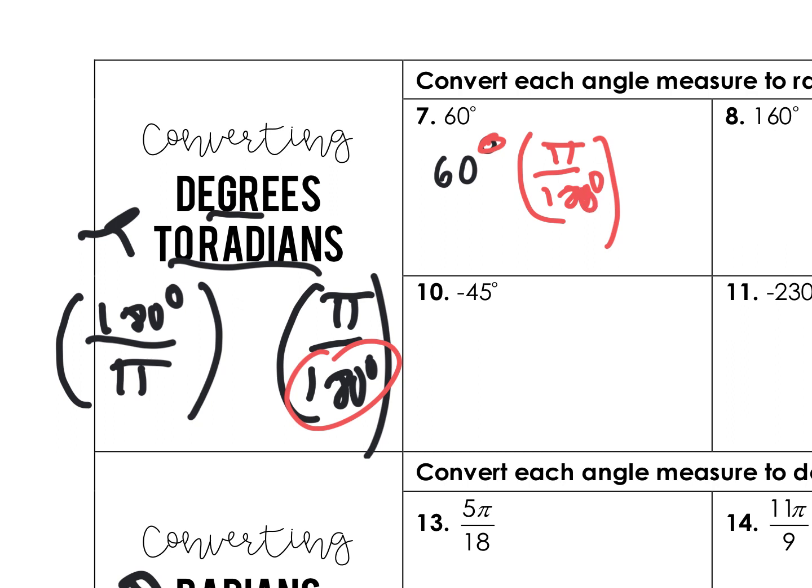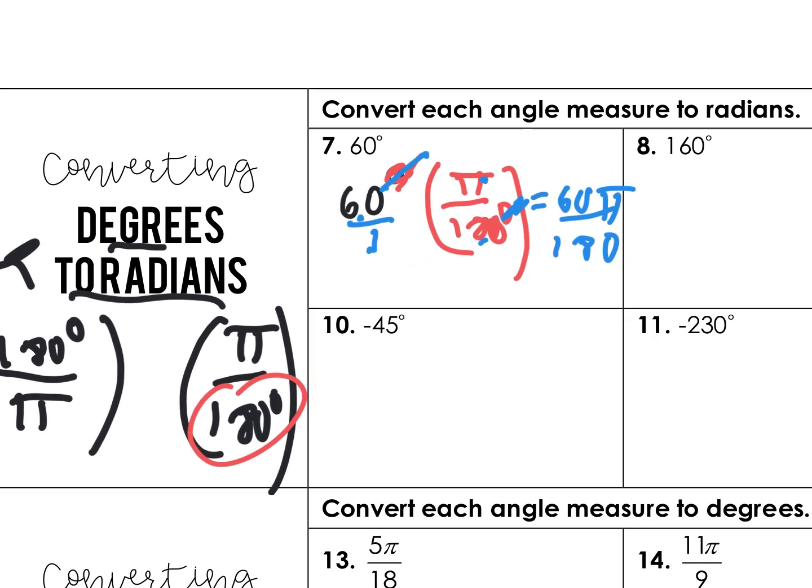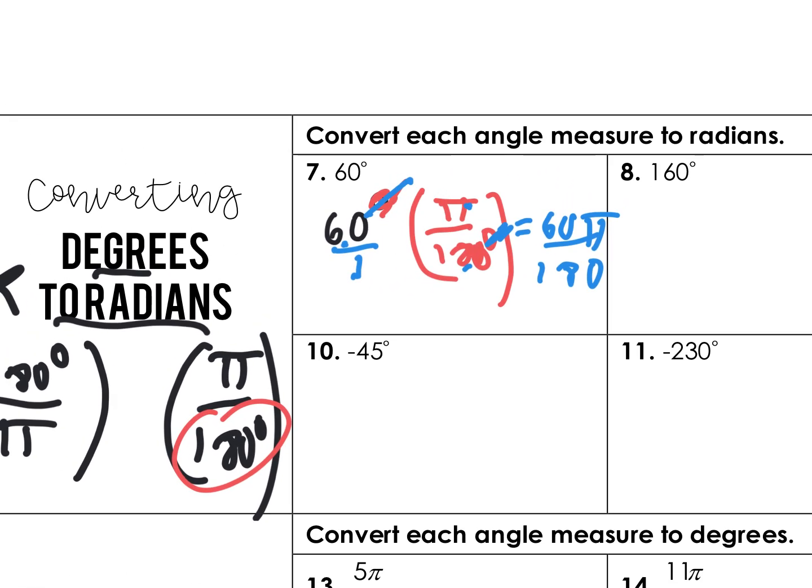The reason is that this degree symbol at the top will cancel the degree symbol at the bottom. So all you're left with is 60 times the pi, and put a 1 under there if you want. So that's 60 times the pi over 1 times 180. There's no degree symbol. Therefore, we know it's radians. So the pi stays as part of my answer.